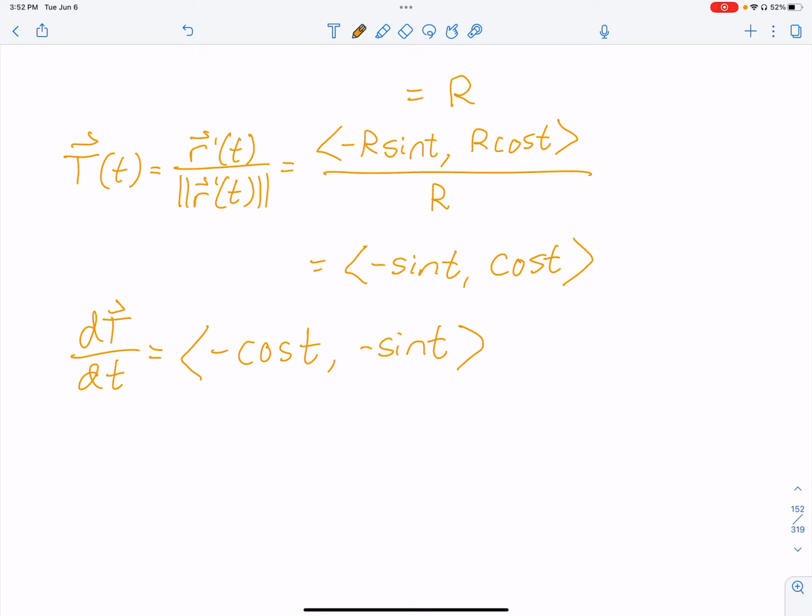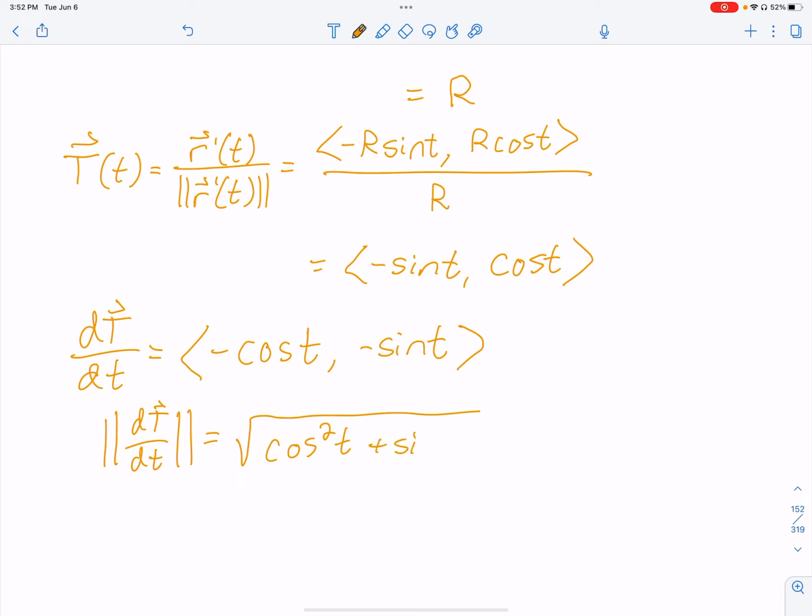Let's make sure the magnitude of this would be 1, because it's a unit vector. Let's check out the magnitude there. That works out: cosine squared t plus sine squared t is 1 as well. I'm not sure it's safe to say that the magnitude of the derivative of our unit tangent vector will always be 1.